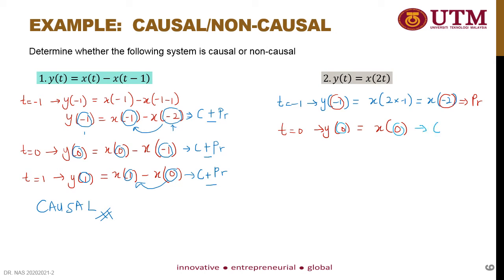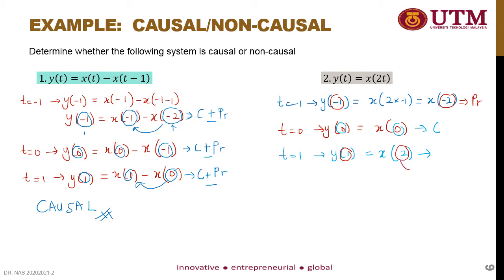Okay, let's try t positive values. y(1) equal to x(2 times 1), you get x(2). So here, look at the states. The current state of the system is 1, but in the output you have 2.